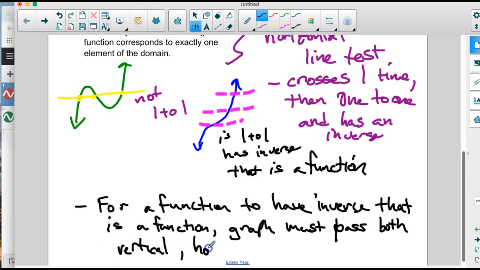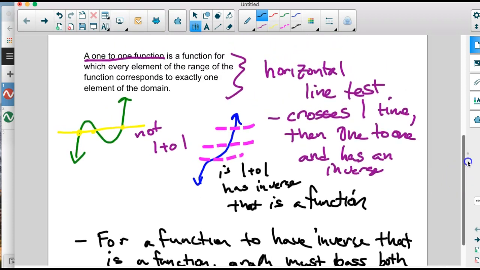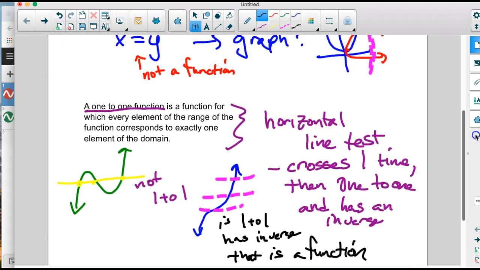The vertical line test is for the original one to be a function, and the horizontal line test is for the inverse to be a function. So both of those tests have to pass in order for it to be established that the inverse is a function.